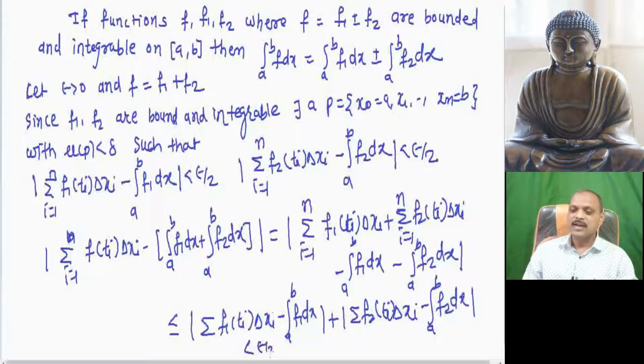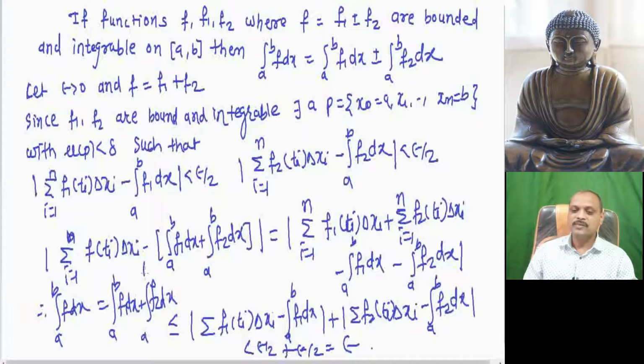This is less than epsilon by 2 plus epsilon by 2 equal to epsilon, and therefore the function f is integrable, and the integration of f between the limits a to b equals the integration of f1 plus the integration of f2 between the limits a to b.